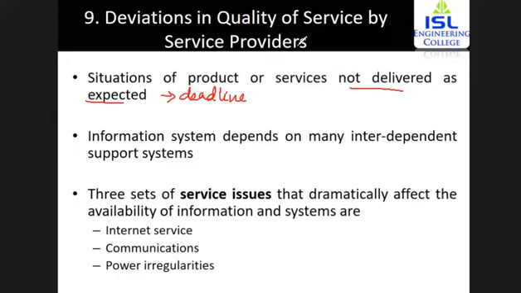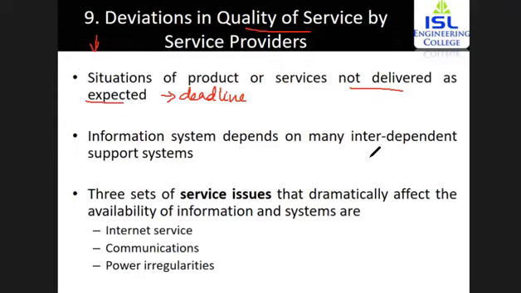So it is going to cause a deviation in the quality of service. That is, the next time this particular person wants a software to be built, he might not approach your organization for the development of this software because you are unable to meet your deadlines. So that is going to be a drop in the quality of service.